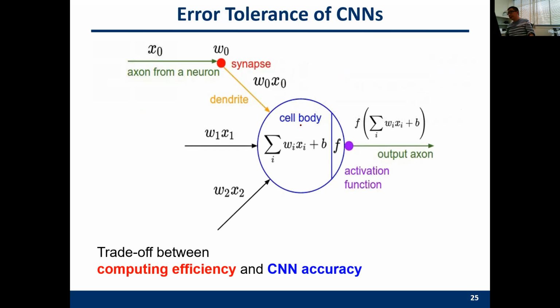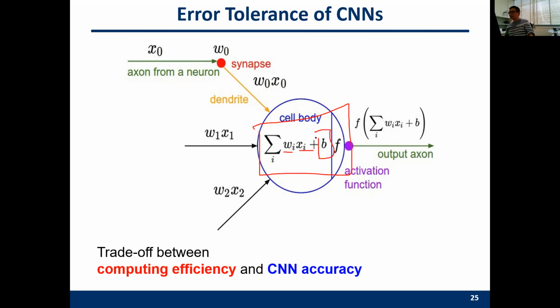We also mentioned that the neural network has some error tolerance capability. We have 3 parameters in the neural network. One is the input, the other is the weight, and the last one is the bias.